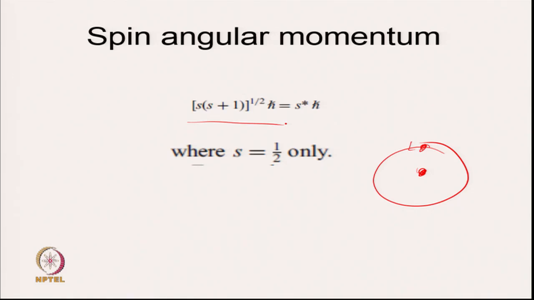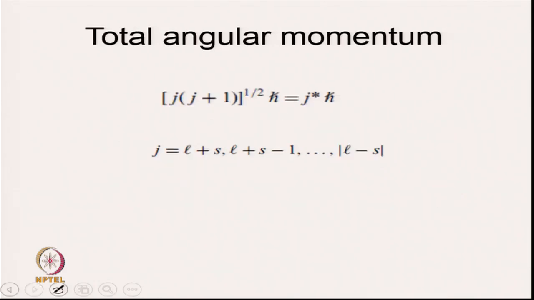Here s can take the value half only, and total angular momentum is basically the sum of these two angular momenta, and it will be given by this formula. So, j plus 1 half into h cross, where j can have values from L plus s to L minus s.